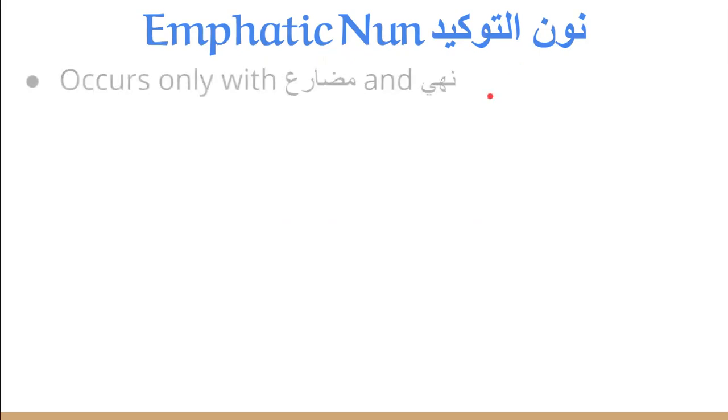It occurs only with the mudari and nahi. Mudari is the present and future tense, and nahi is the forbidding. To make the mudari and the nahi more emphatic, we add the noon. You can say emphatic noon or noon at-tawkid.